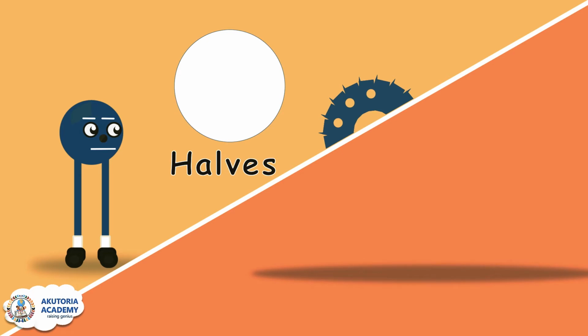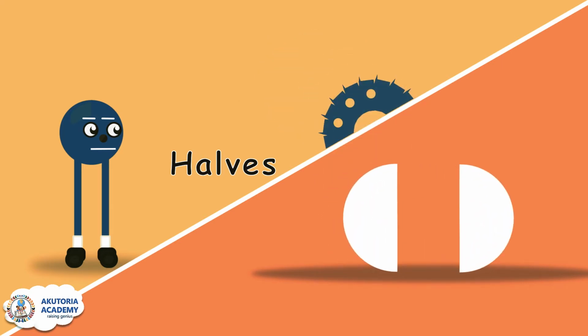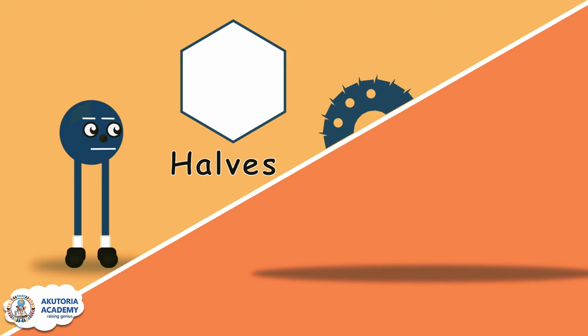When we divide things into 2 equal parts, each part is called a half. Now, let's divide this circle into 2 halves. Here we have the 2 equal parts, and each part is called a half because it's half of the circle. Let's try another shape.